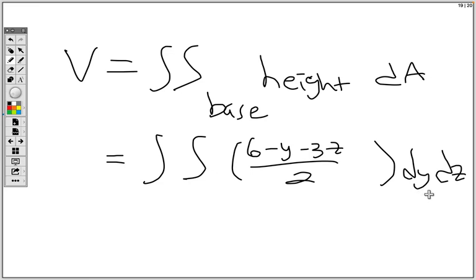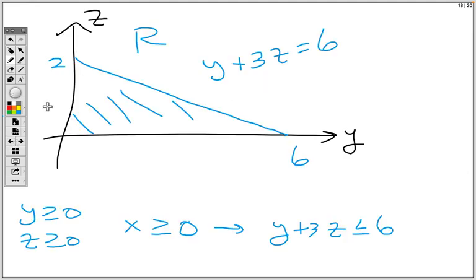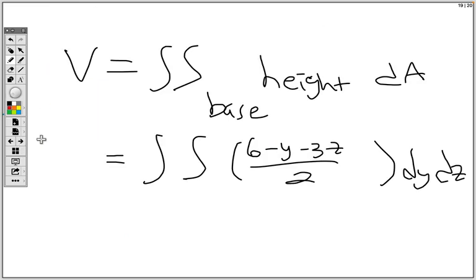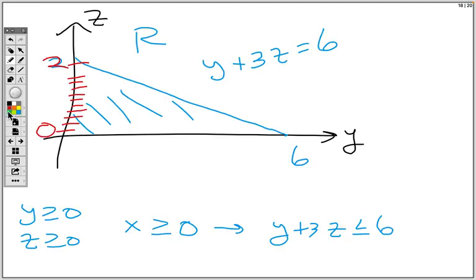And now let's look at setting up the integral over the base with dy dz. So dz is the outermost limit there, so we'd be chopping the z-axis up from z equals 0 to z equals 2. And now for a fixed z, I've got to figure out what the y is running between.